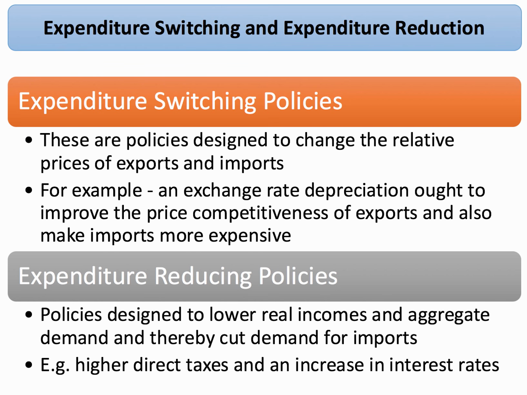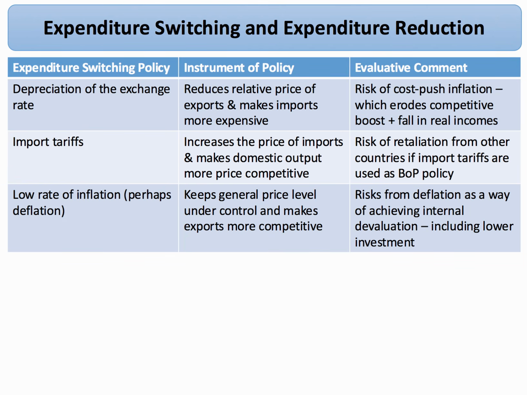Expenditure reducing policies, basically I call this the squeeze. They are policies that are designed to reduce the real income of consumers and thereby cut demand for imported goods and services. So higher interest rates or higher direct taxes could do that. It's important, I think, to be able to analyse and evaluate expenditure switching and expenditure reducing policies.